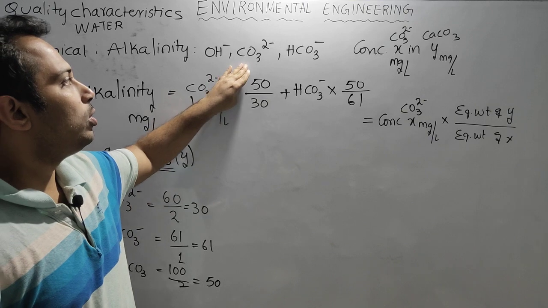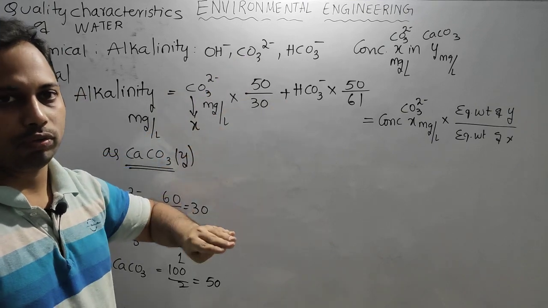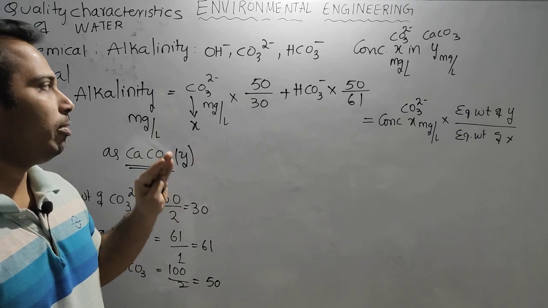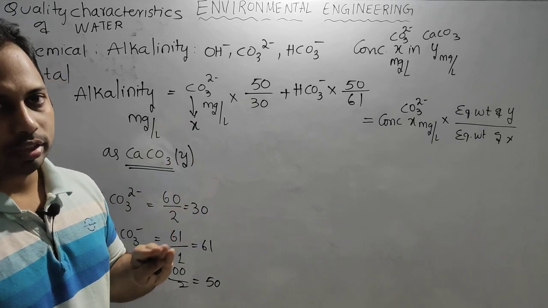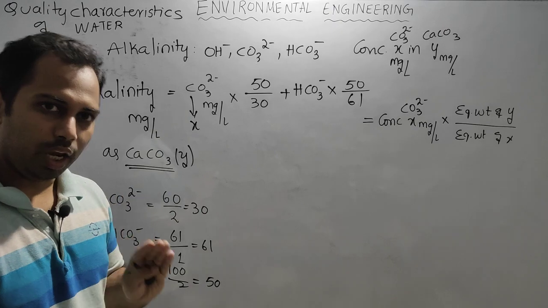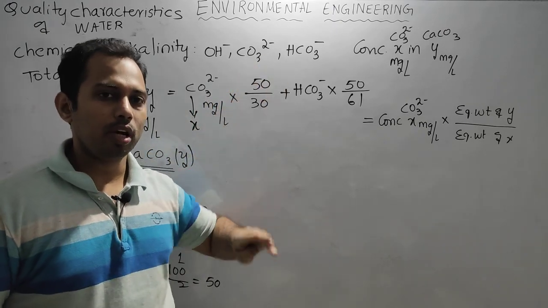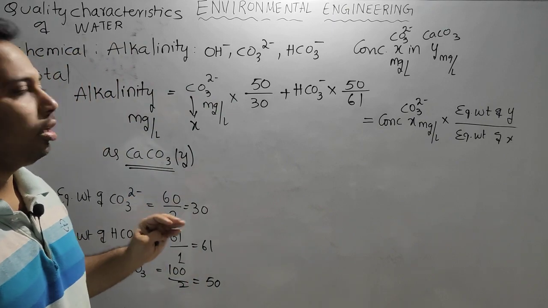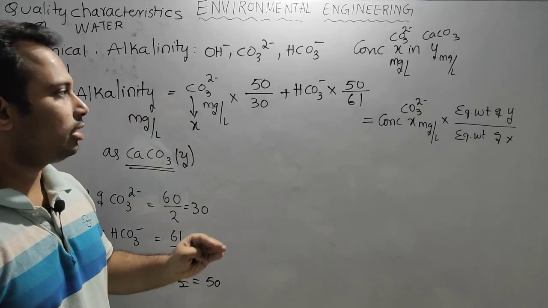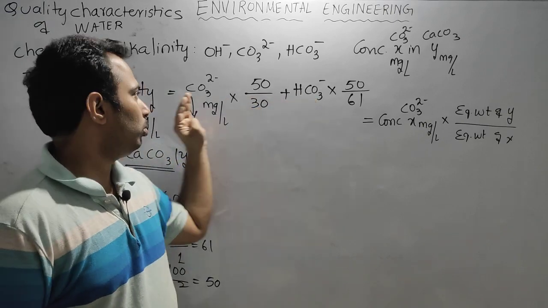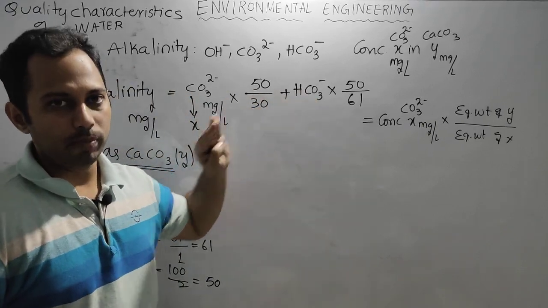Raw water generally has a pH range of 6 to 8, so only these two compounds are predominant. To make the analysis simpler, we only consider the alkalinity caused by CO3 2 minus and HCO3 minus.